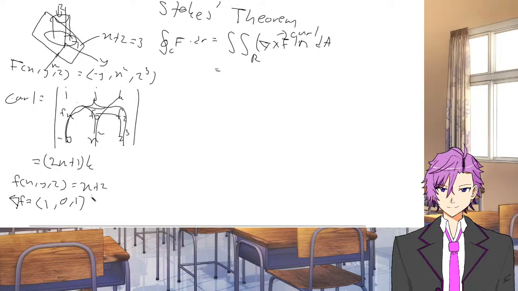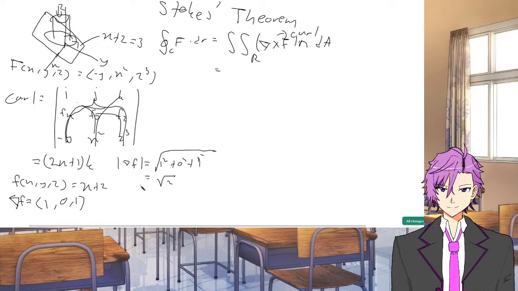And then we need to also find the magnitude. So that is 1 squared plus 0 squared plus 1 squared. So the magnitude would be square root 2.